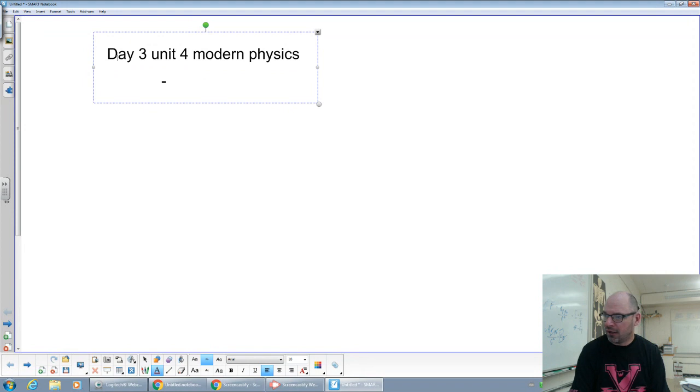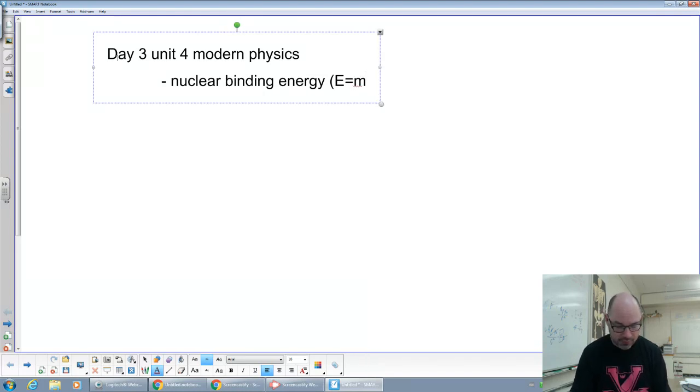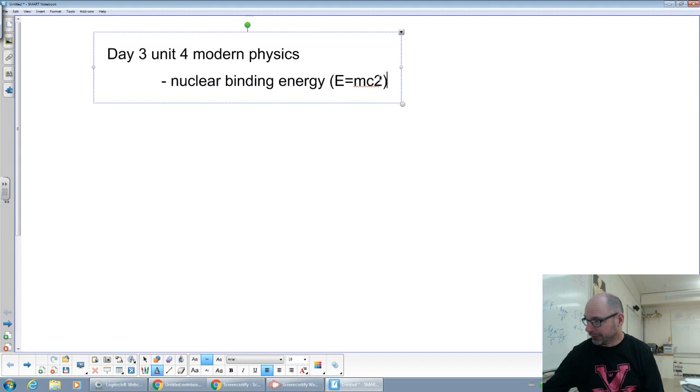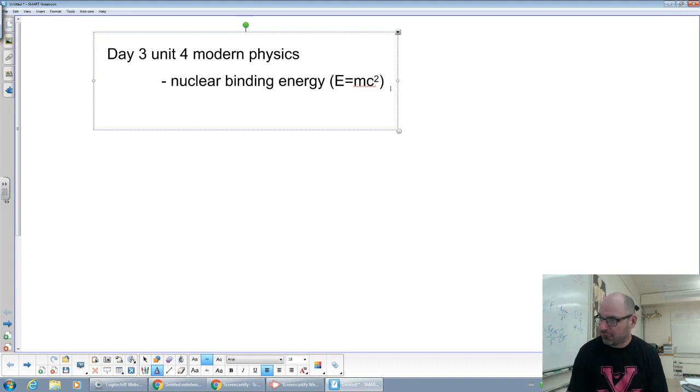We're going to be looking at nuclear binding energy, and we're going to be looking at E equals mc squared, Einstein's famous equation for nuclear binding energies. And we're going to do a few examples, if I can find enough, of nuclear binding energy.